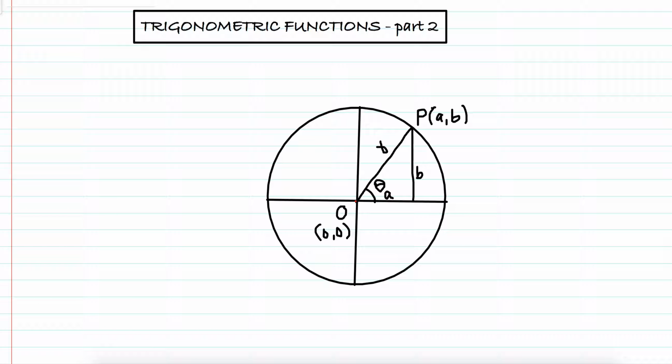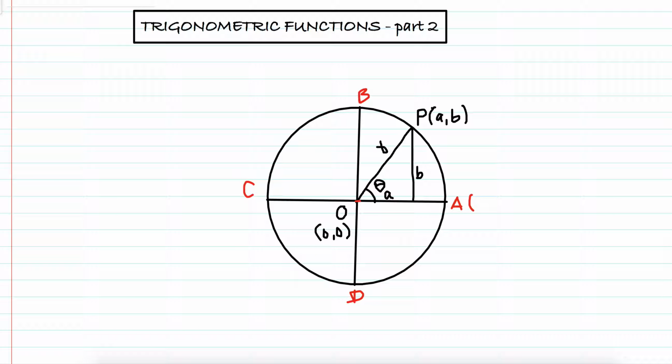Let's take some more points. This is point A, this is B, this is C, and this point is D.